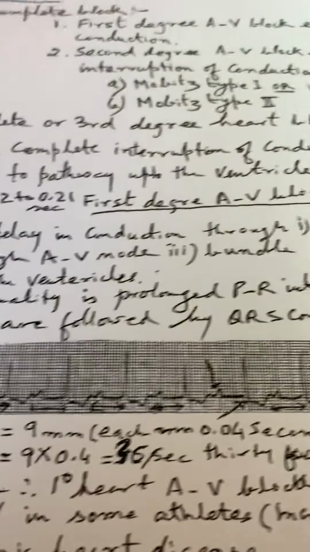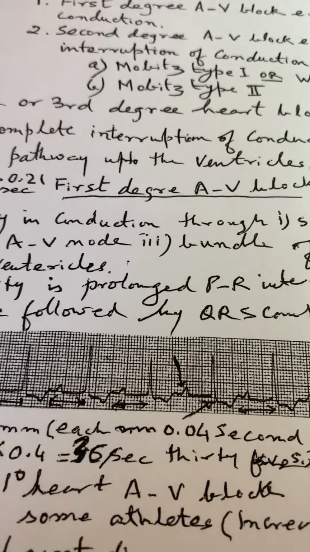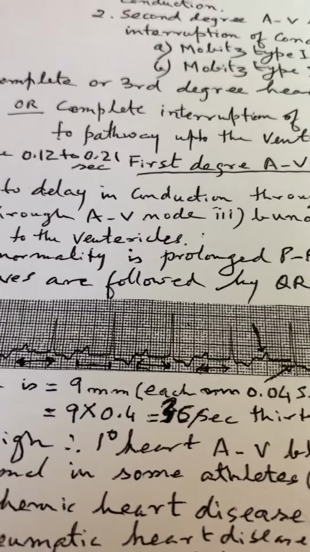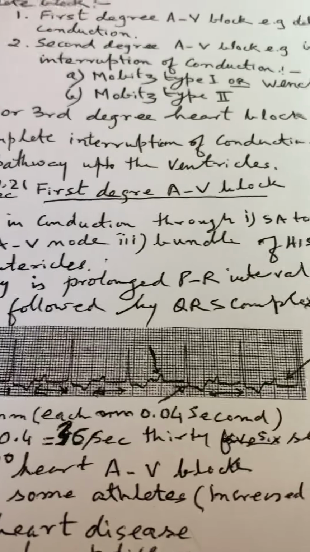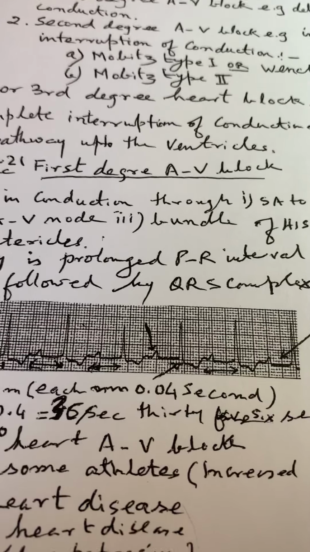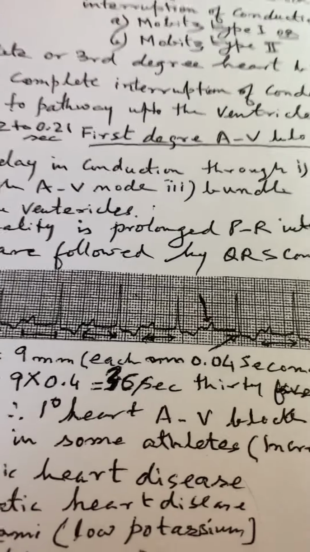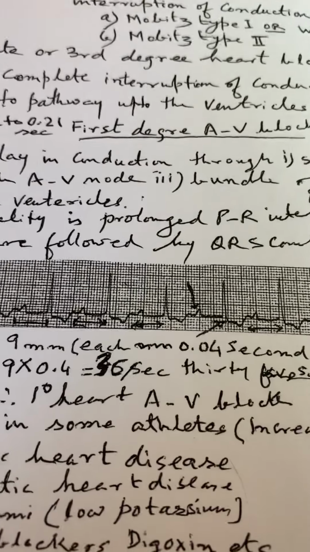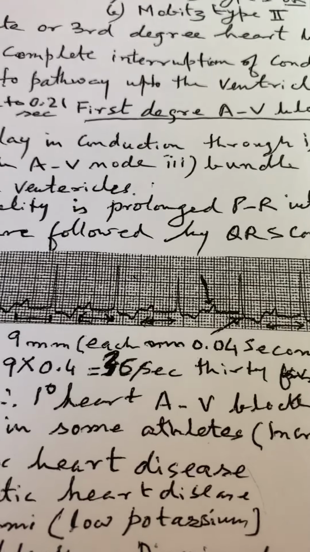Type 1 is Mobitz 1, also known as Wenckebach, and then Mobitz type 2. Then comes the third degree heart block. Third degree heart block is a complete heart block, and there is a complete interruption of the conduction in the pathway from atrium to the ventricle. So there is a complete, total interruption.